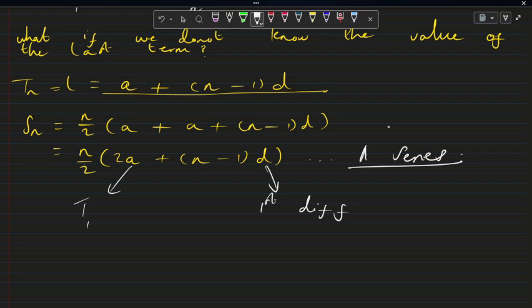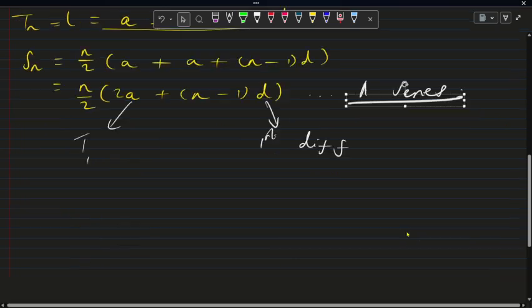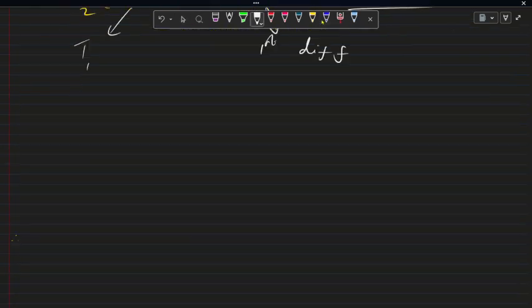So let's put this equation into practice. Remember, when we started, we started with an example: 3 plus 6 plus 9. So this is our arithmetic series that we are working with.